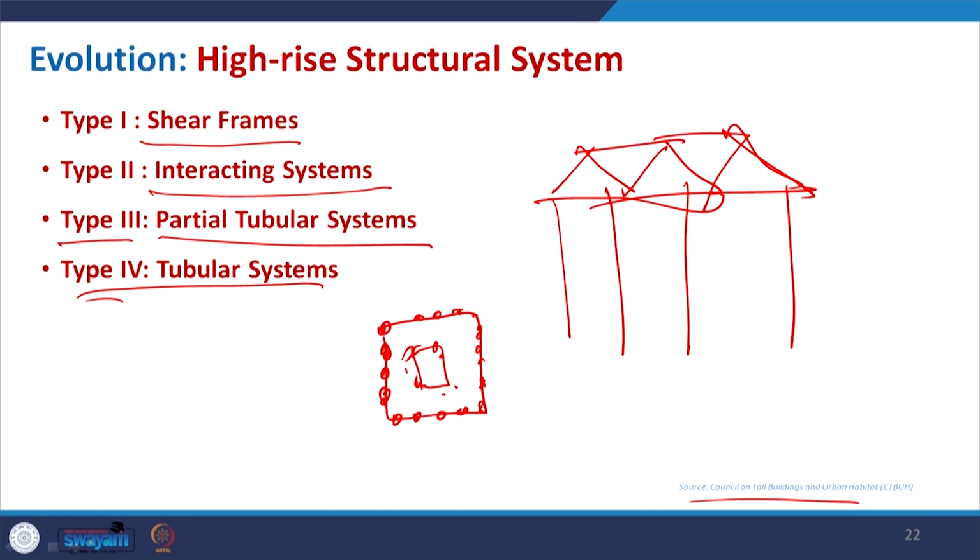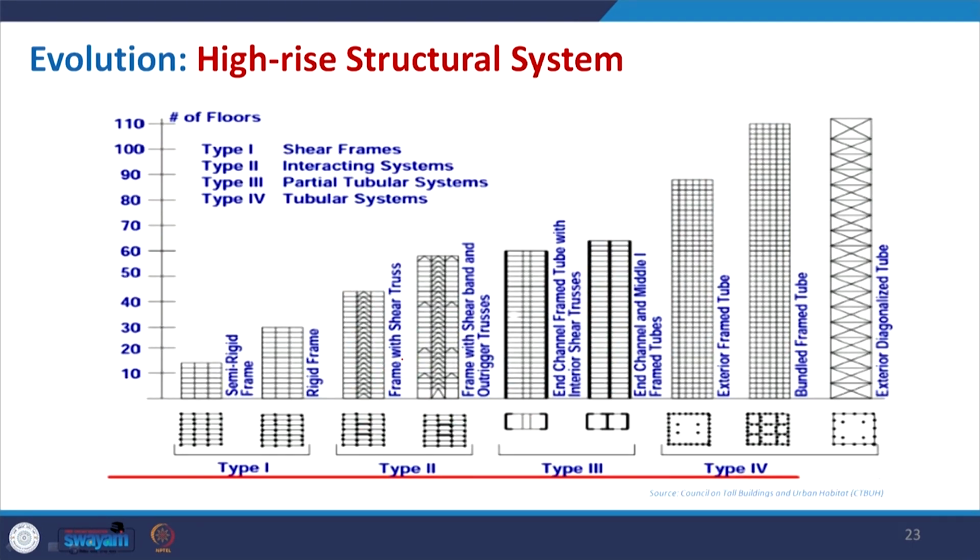So, with these 4 categories we also have a different way of classifying. Here you can see how things will look pictorially. In this pictorial representation, the rigid frame is basically a column-beam layout, which takes shear stress.